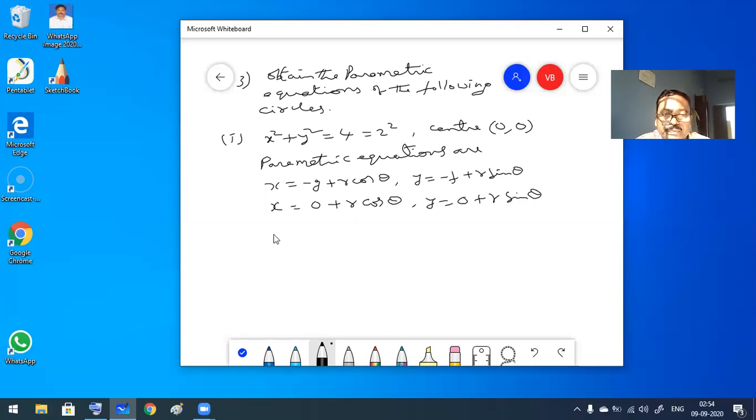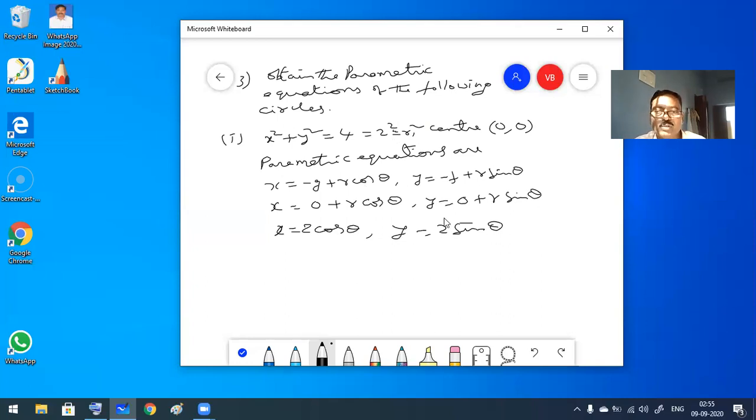Okay. Therefore x is equal to 2 cos theta and y is equal to 2 sin theta. Okay, so this is equal to r square.